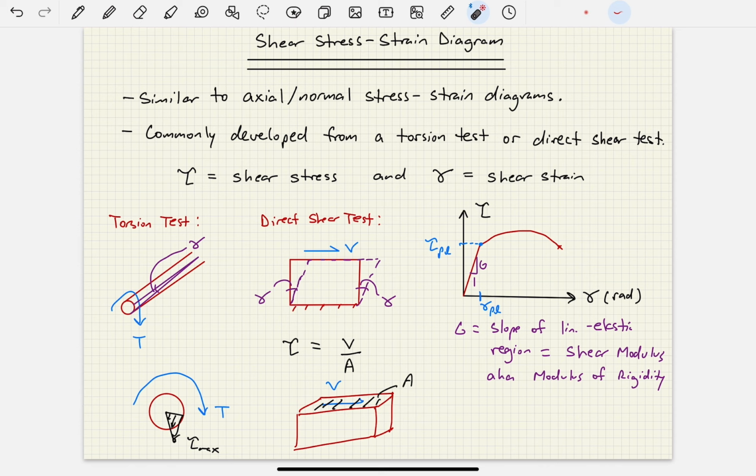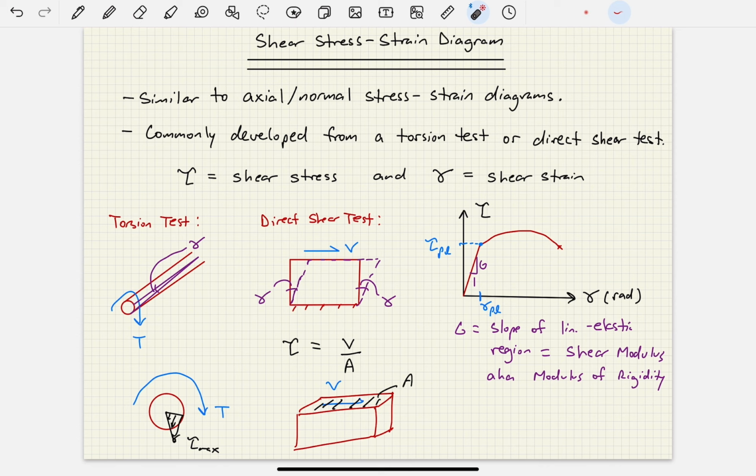The proportional limit values of shear stress and shear strain are very close to the yielding values, okay? So with a shear stress strain diagram, we do not have as well of a defined yielding zone like we did before, okay? So we want to make a note of that, okay?